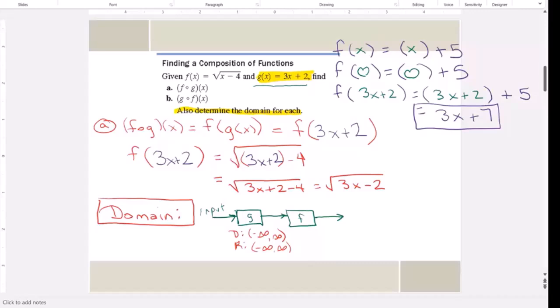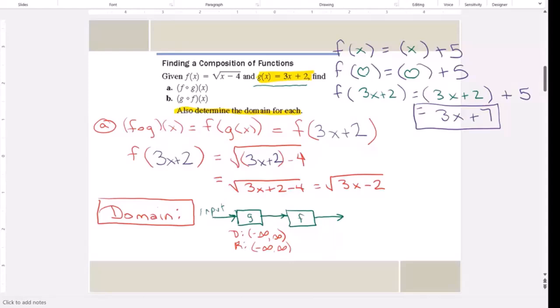Now, what values are not going to be allowed into f? Well, it doesn't have anything to do with the actual original f of x, because that will never be there alone. All I'm doing always is putting in whatever comes out of g of x. So I don't have to worry about my f of x function alone.